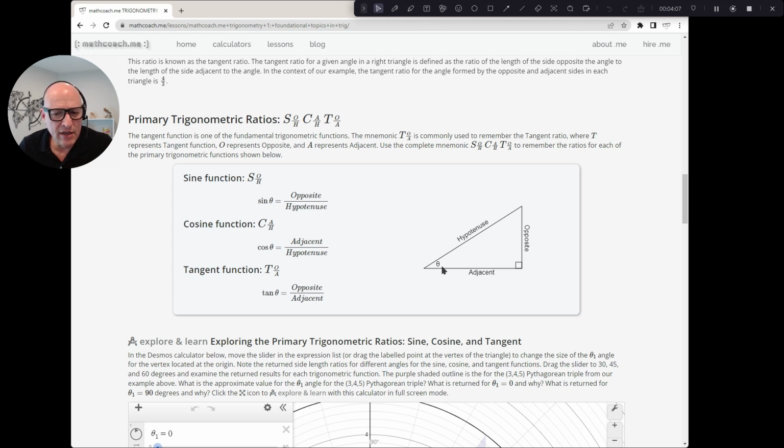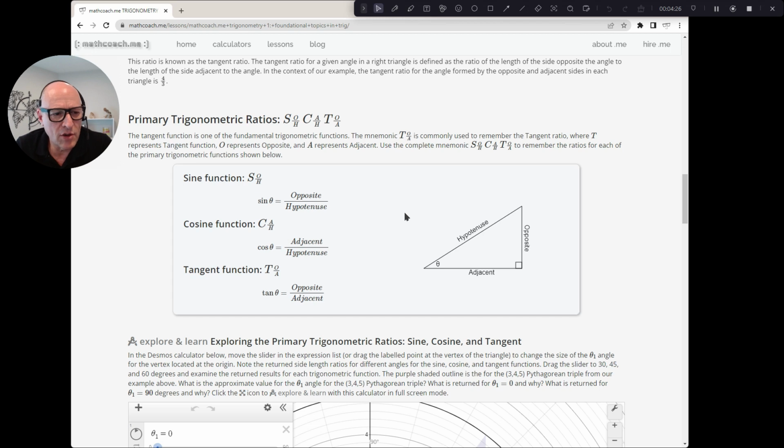The sine of the angle theta is the ratio of the opposite side over the hypotenuse. And the cosine of the angle theta is the ratio of the adjacent side over the hypotenuse. To remember this, there is a common mnemonic, SOHCAHTOA.